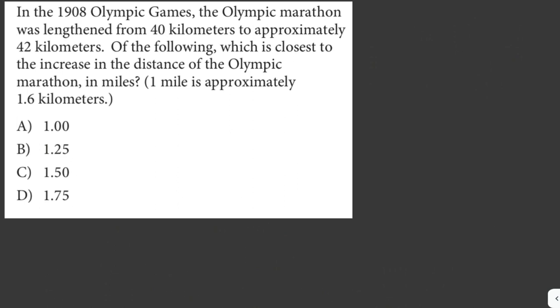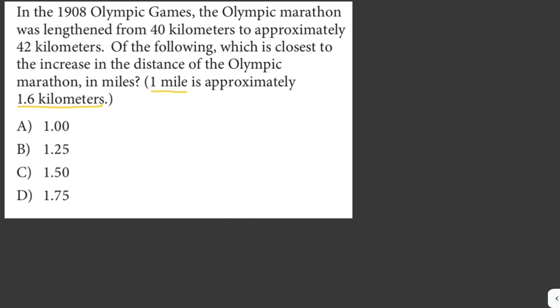Okay. In the 1908 Olympic Games, the Olympic marathon was lengthened from 40 kilometers to approximately 42 kilometers. Of the following, which is closest to the increase in the distance of the Olympic marathon in miles? And it says that 1 mile here is approximately equal to 1.6 kilometers.